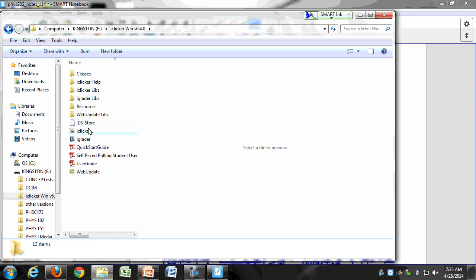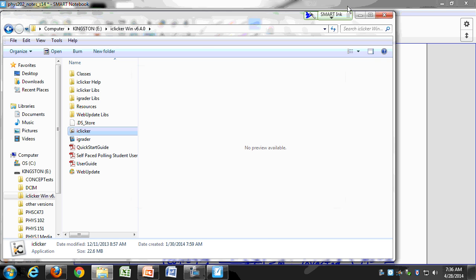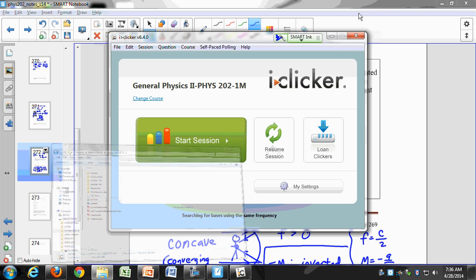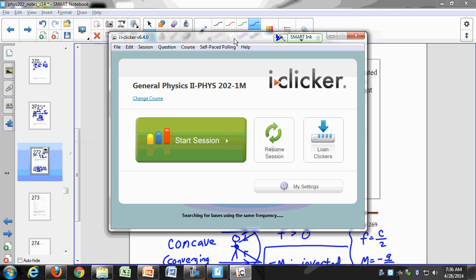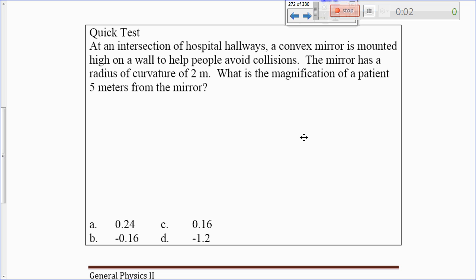Bring up our clicker. What is the magnification of this person?